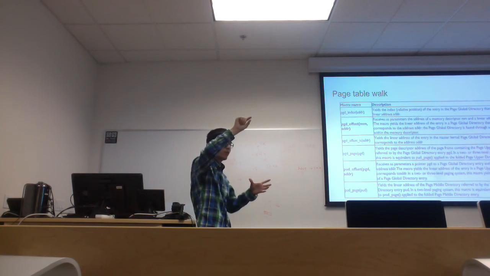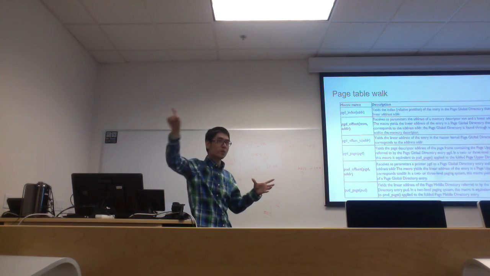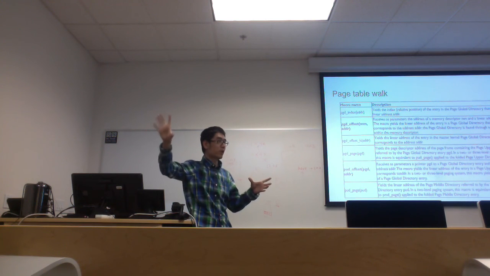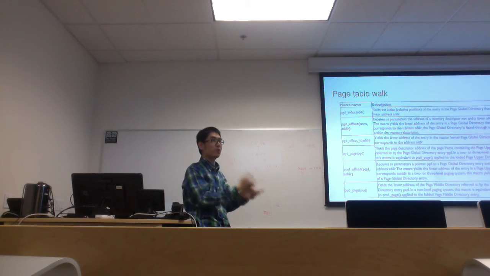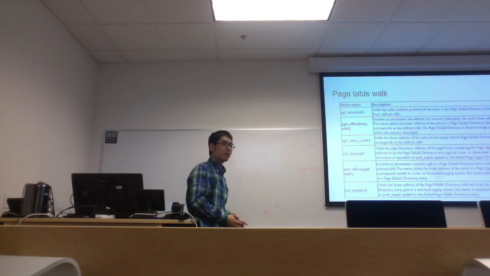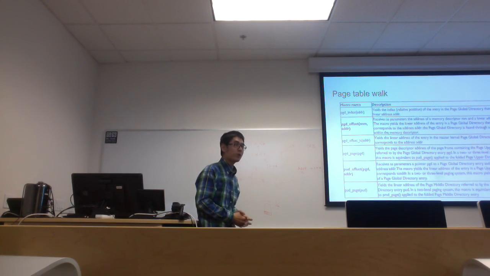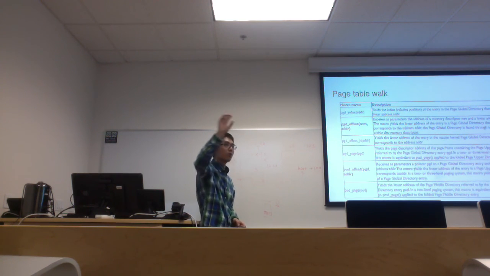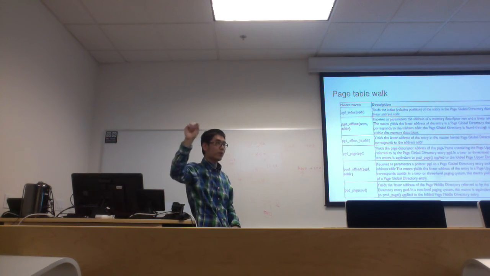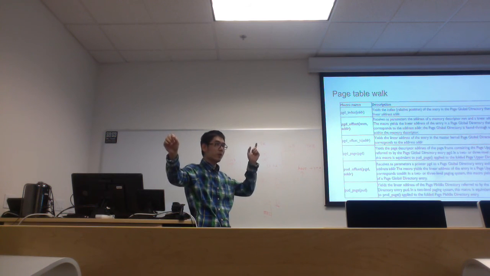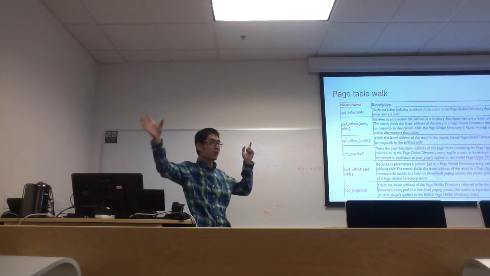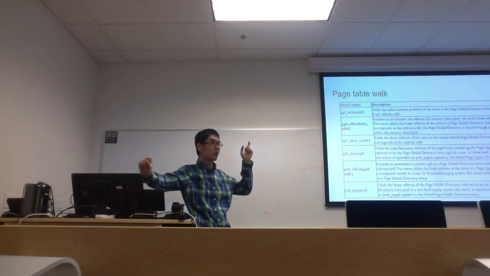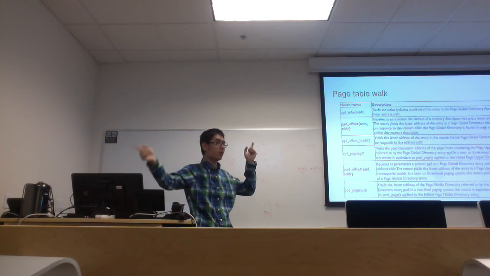Then, from the page global directory, it finds where the page table entry is, grabs the page table entry, puts it into the TLB, and uses that entry to translate pages. So the same thing happens in software. You need to go to the page global entry, find the page table entry corresponding to this address, and if you have multiple levels, you go through all these levels until you reach the last level and find the page table entry. And this page table entry indicates the physical memory address.